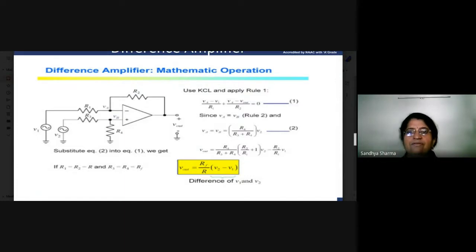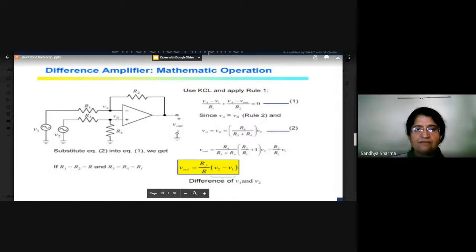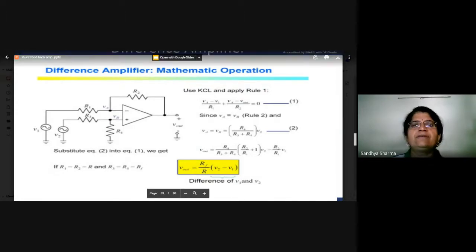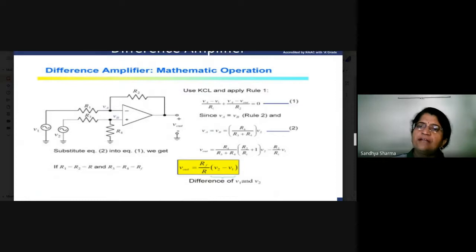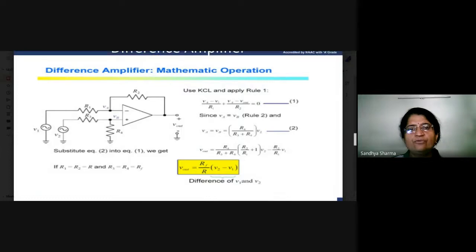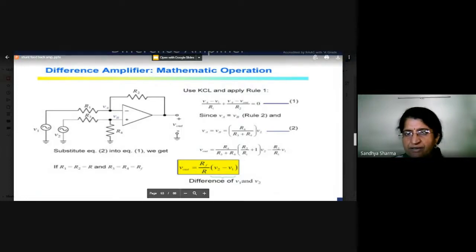So you can indicate the name of that particular point as VA, VB. Here VA minus V1 divided by R1 is equal to the current I1.